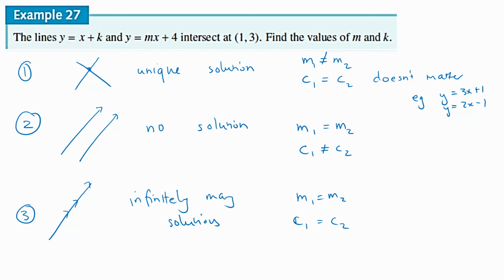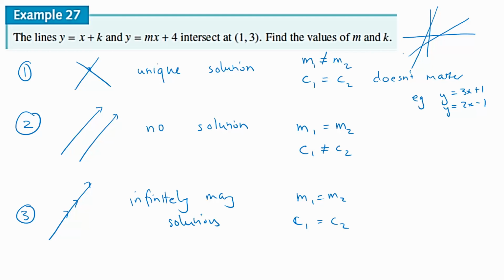They have different gradients. They're likely to intersect. If you draw out the line, this would be 2x minus 1, and the other one's 3x plus 1, so it has to be something like that. They have to intersect. They have different gradients. True? Yeah? Whereas if they're parallel, they have to have the same gradient to be parallel. But if they're parallel, there's no intersection. So hence, no solution.